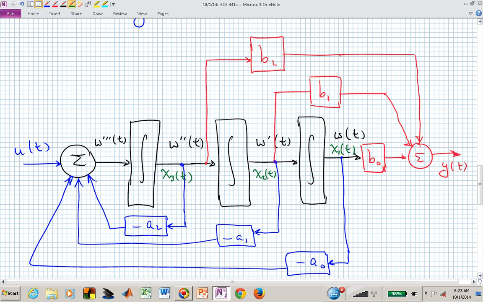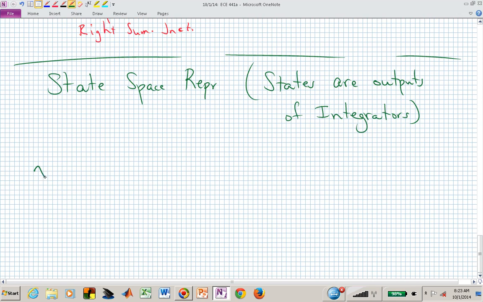We now need to write x1 prime in terms of some x1 plus some x2 plus some x3, where those underlines are just constant values, plus some u. We want to fill in those blanks.